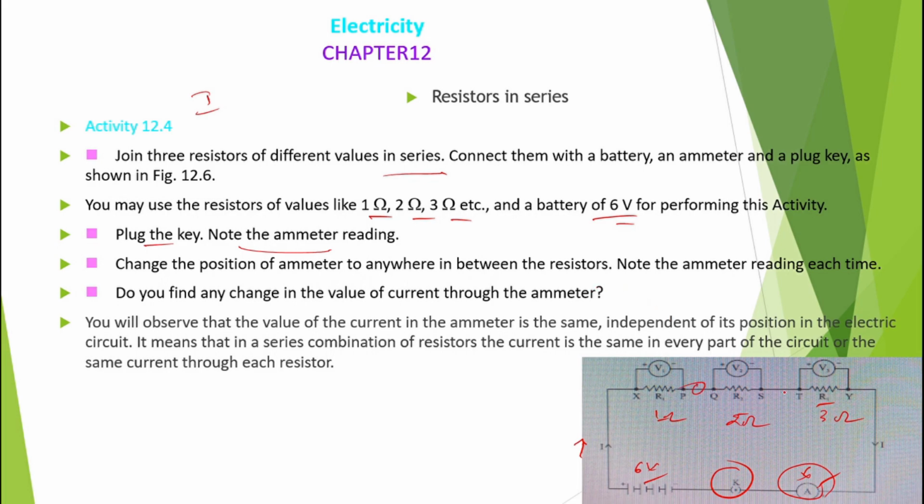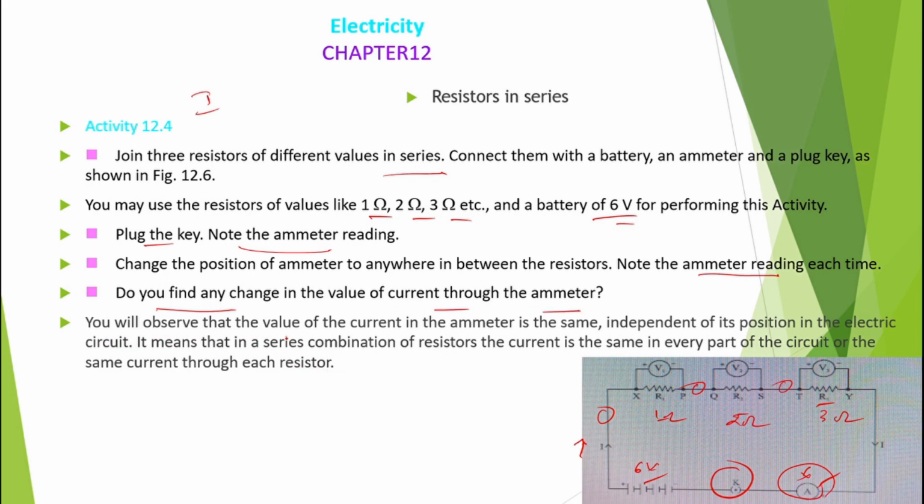You may put it here, or here. Whenever you change it, note down the ammeter reading each time. Do you find any change in the value of current through the ammeter?